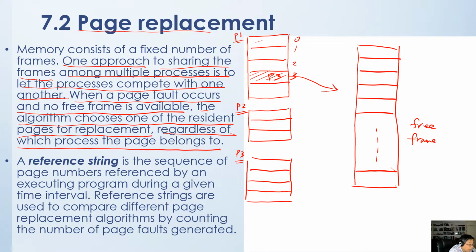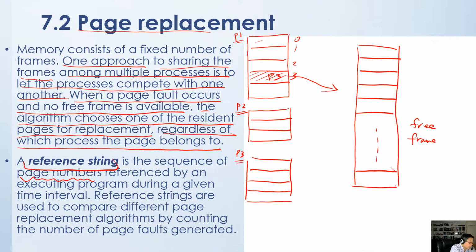Now when we talk about page replacement, we're going to introduce another concept which is called a reference string. The reference string is a sequence of page numbers. A reference string is a sequence of page numbers referenced by the executing program during a given time interval.